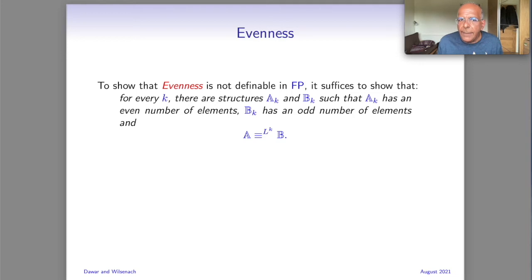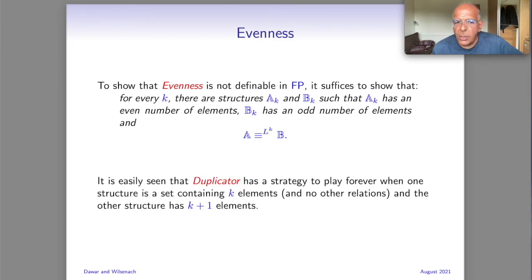The argument being that if evenness were definable in fixed point logic, then there would be a constant K such that there was an infinite collection of sentences of LK which defined evenness. But then this AK and BK, one of them has an even number and the other has an odd number, would be distinguished by this sentence, contradicting this. Okay.